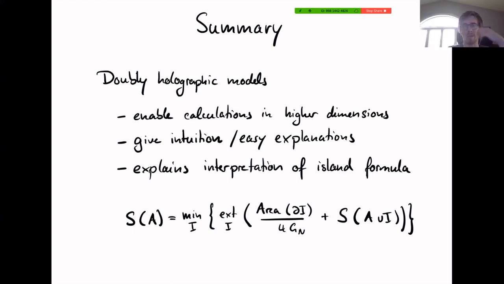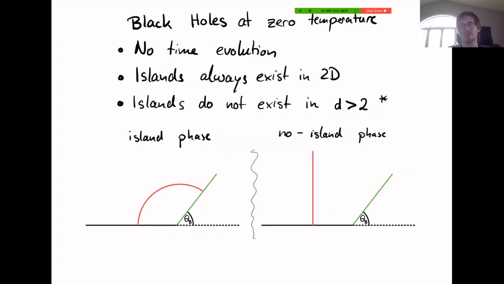You can just do the calculation in this doubly holographic scenario in d dimensions, and you will see this. The technical reason is that in 2 dimensions, you have this connected phase here. Imagine this is your bath, this is your brane, and this is your bulk RT surface, which now connects through the bulk. So you have this island phase, and that competes with a phase where my RT surface just falls down into the Poincare horizon.